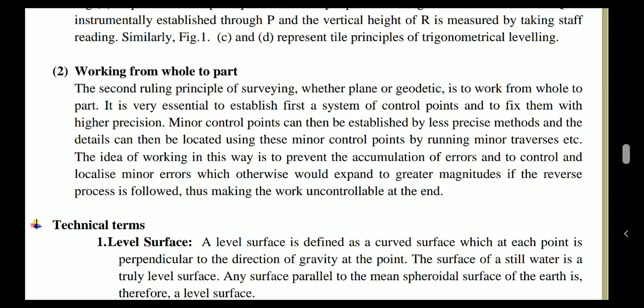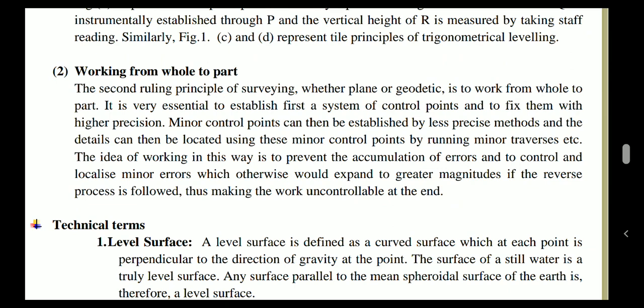Then minor control points can be established by less precise methods, and details can be located using these minor control points. The idea of working in this way is to prevent the accumulation of errors and to control localized minor errors. Otherwise it will expand to a greater magnitude and make the work uncontrollable.